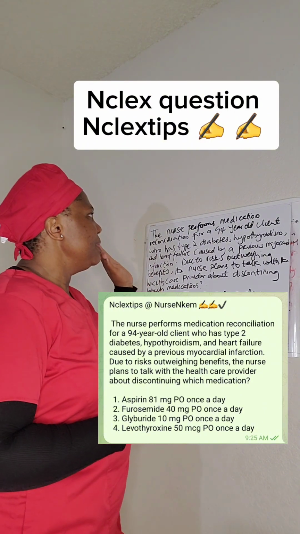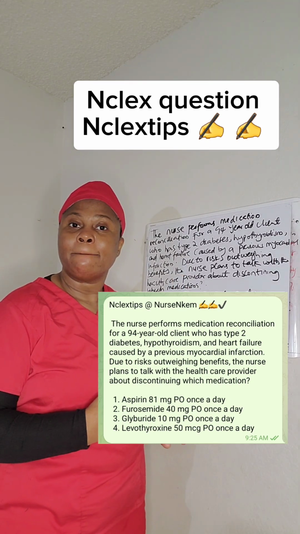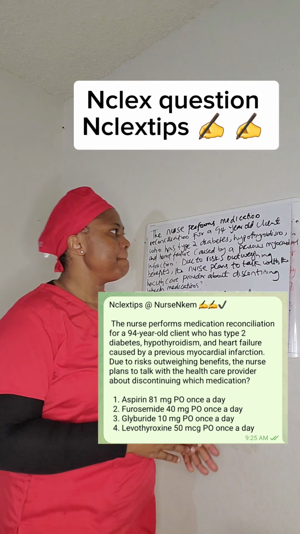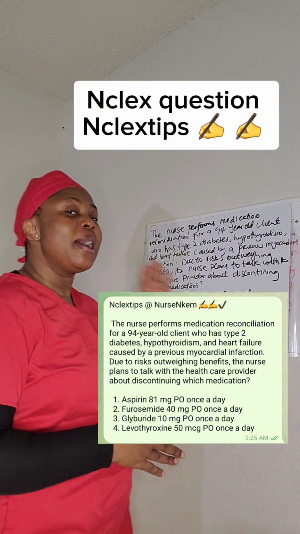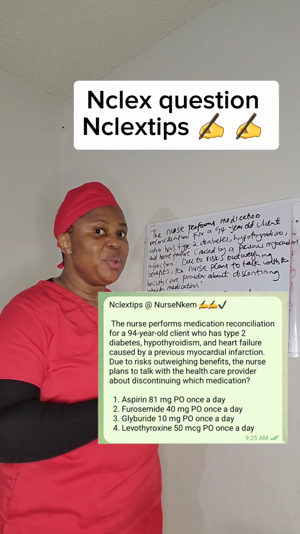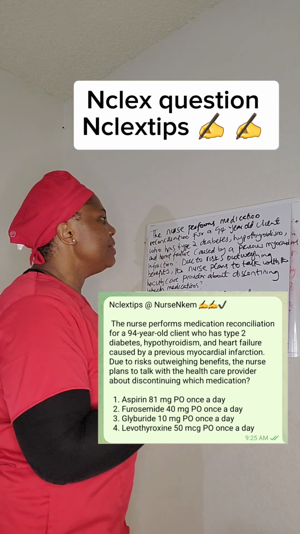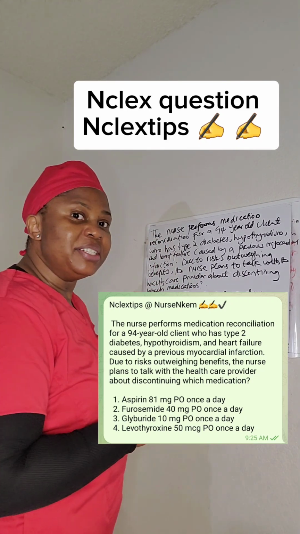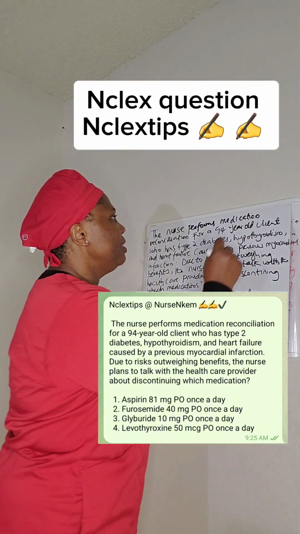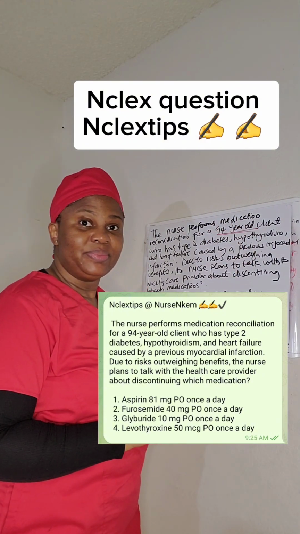You know, this patient has multiple medical conditions, right? And this patient has been taking multiple medications because of those conditions. Then, because of the population, you have to pay attention to the age: 94 years old.